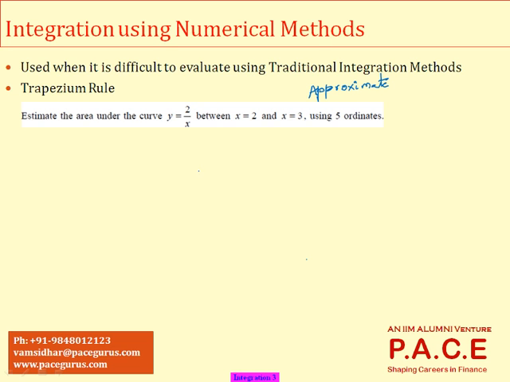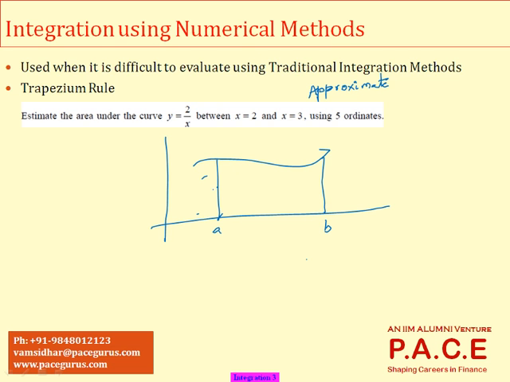So the way it works is, let's say some curve like this is there, right? I want to find out the area under the curve between this and this point, between some a and b. These are the definite integral.